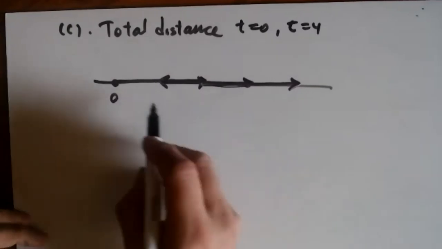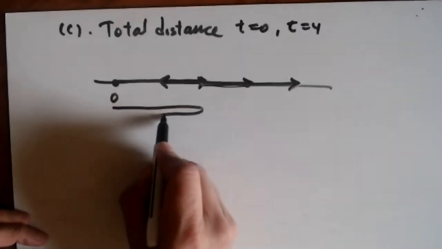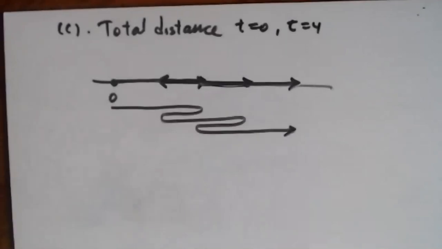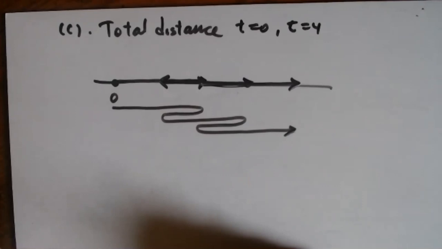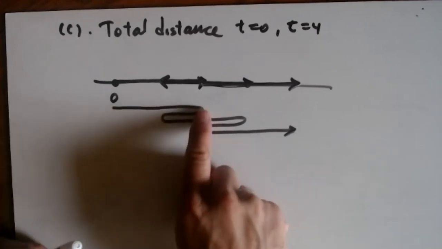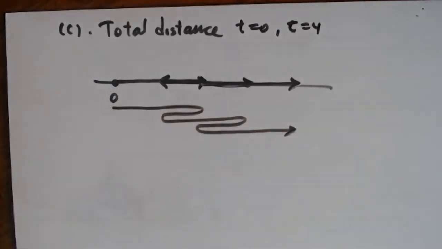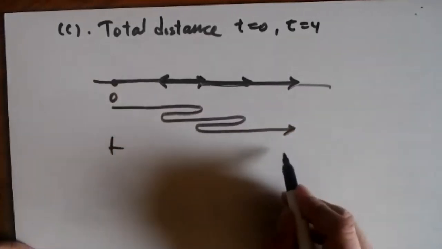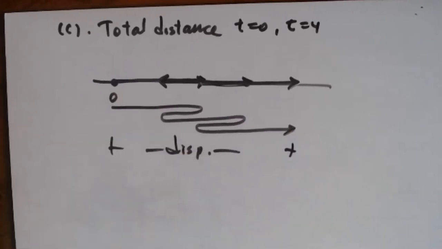So we have to get all the distance with the back and forth, correct? So this plus this plus this plus this plus this. So it's not the displacement. The total distance is the curve. This is the displacement, so it's different.